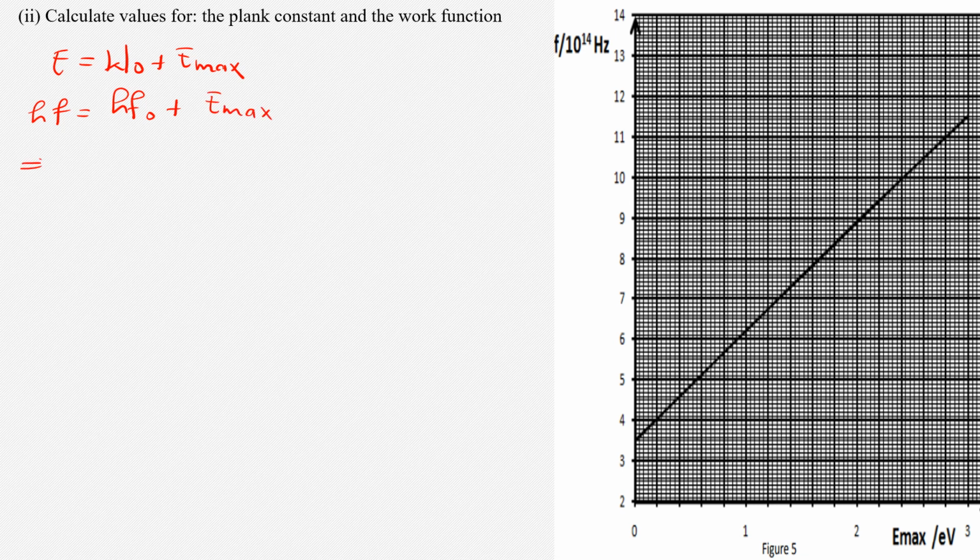Now this means that my F will be equal to E max divided by H plus F0. So we clearly see from here that F0 is the intercept, so that's it there that we saw above.